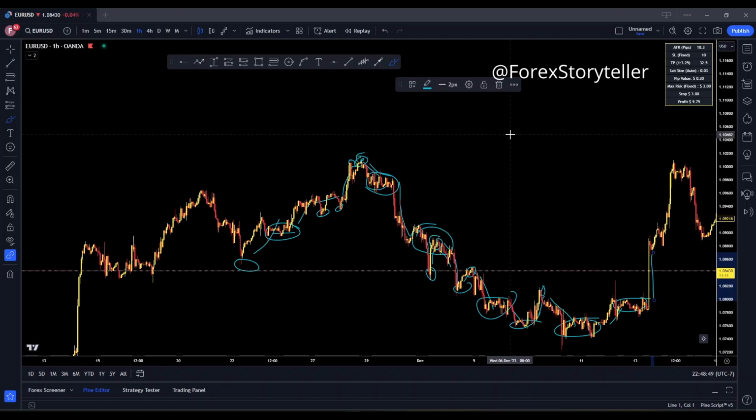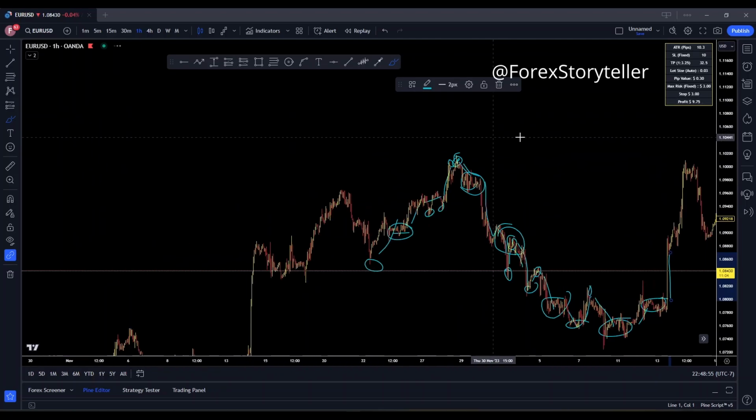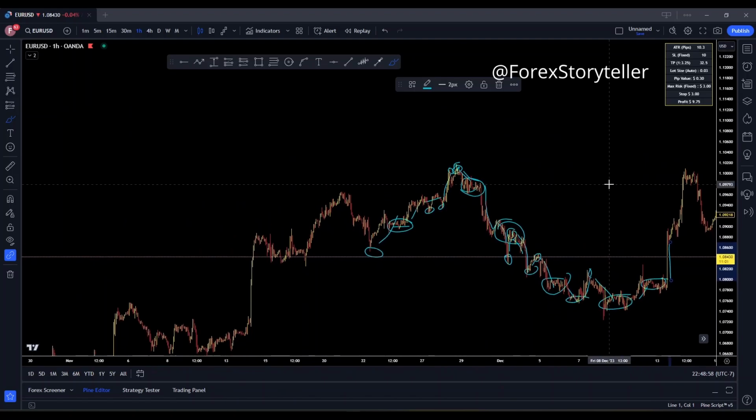So by keeping that in mind, as we go to the next part of discretionary trading, that will help you understand that the market can turn at any point and why.